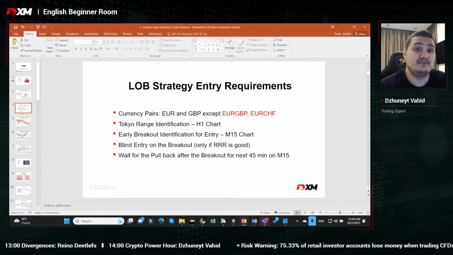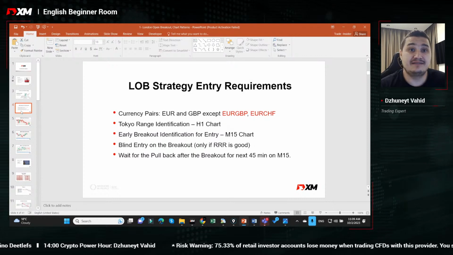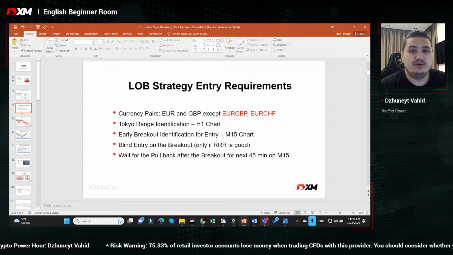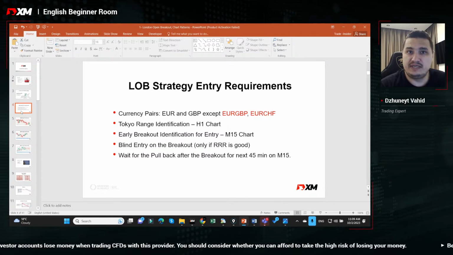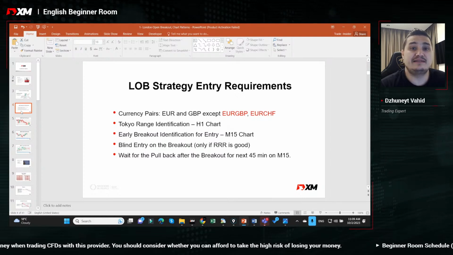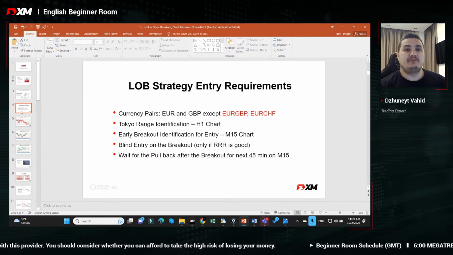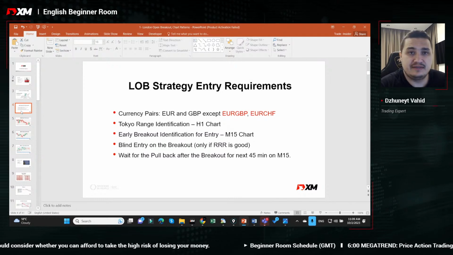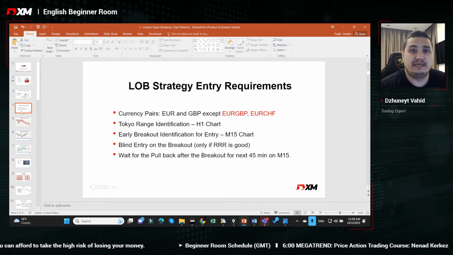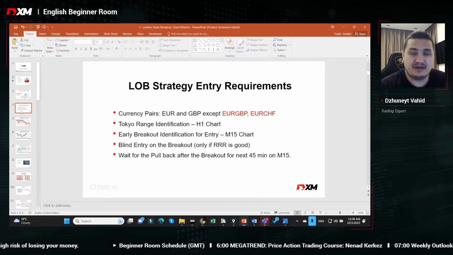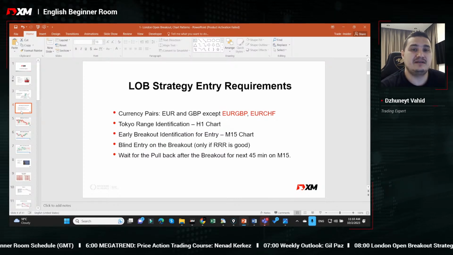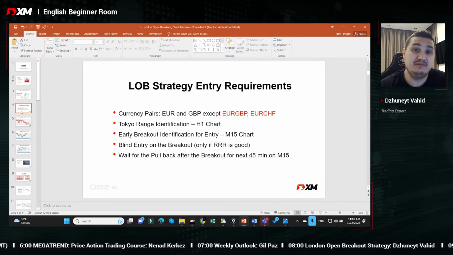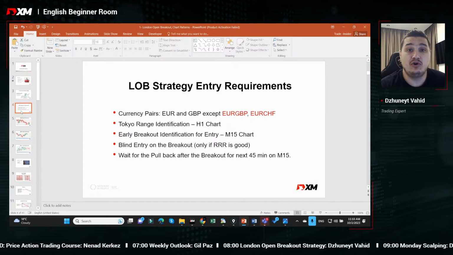You might recognize some great changes in the fundamentals in the UK, which make the currency not correlate with the euro, but a huge imbalance between euro and sterling, and you might decide to trade that pair for that particular moment, 1, 2, 3, 5 days, depending on how long those fundamentals will affect the pair. But generally speaking, statistically, Euro Sterling and Euro Swiss franc are not the best to trade the London Open breakout, for the simple fact that both are correlating with the euro significantly.